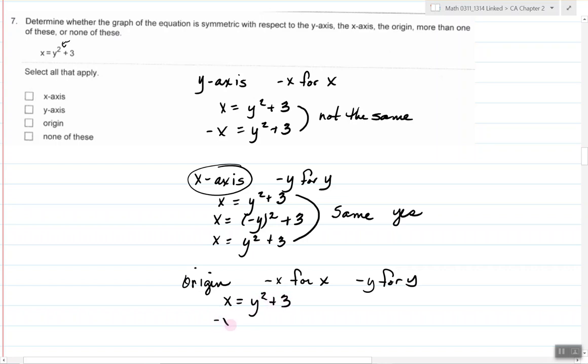So put in negative x is equal to negative y, quantity squared, plus 3. That's negative x is equal to negative y, quantity squared, which is y squared plus 3. Compare what you started with and what you ended with, and these are not the same. So no origin symmetry. This one has only x-axis symmetry.